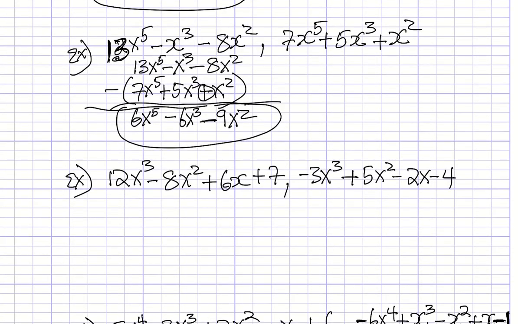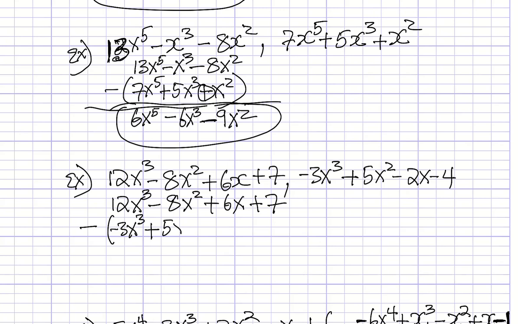This one here is 12x raised to the power 3 minus 8x raised to the power 2 plus 6x plus 7. There's a constant there. And we'll subtract the whole thing: 3x raised to the power 3 plus 5x raised to the power 2 minus 2x, and 4.